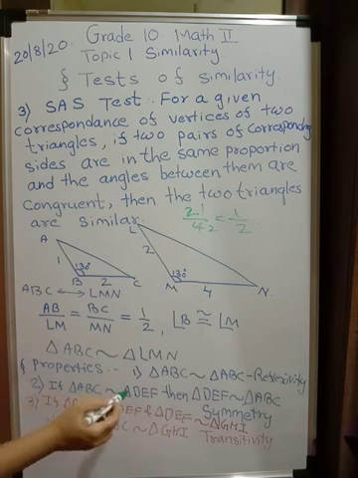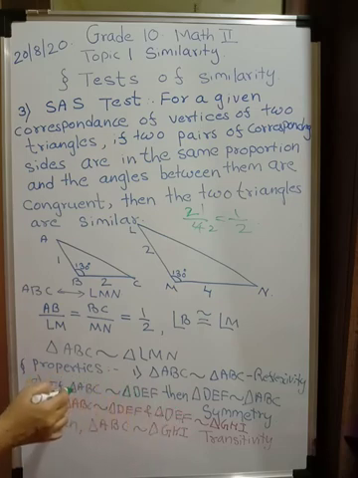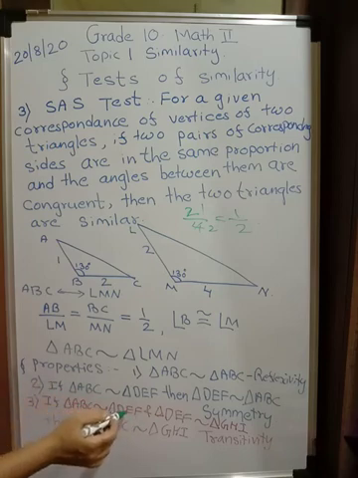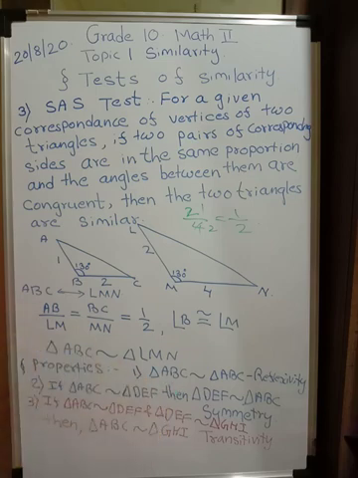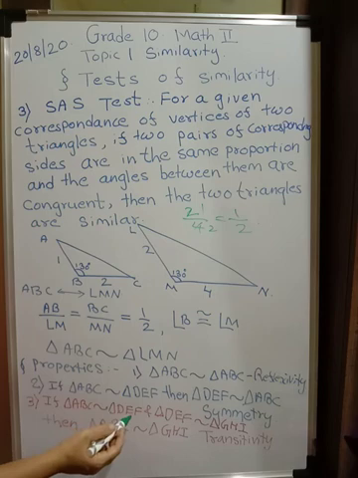If one is similar to another, the other is similar to the first. And third is transitivity. One is similar to second, second is similar to third, so first will be similar to third. Alright, so if triangle ABC is similar to triangle DEF, and DEF is similar to GHI, then we automatically have ABC is similar to GHI. And this property is called transitivity.